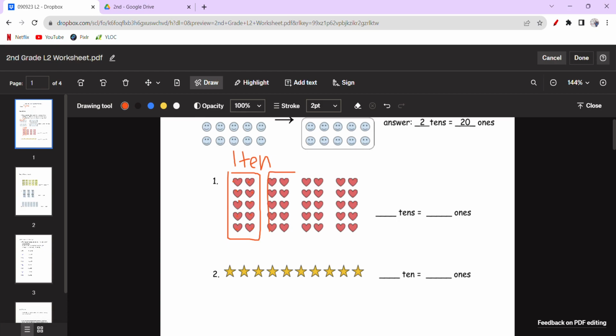Same goes for the other ones. So how many groups of 10s do we have? We have 1, 2, 3, 4. So we have 4 10s, right? And how many ones? We just simply have to count all of these or just add a 0 at the end.